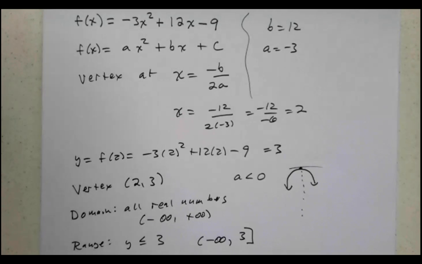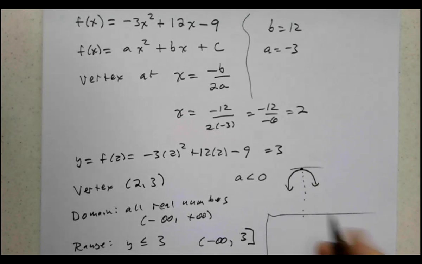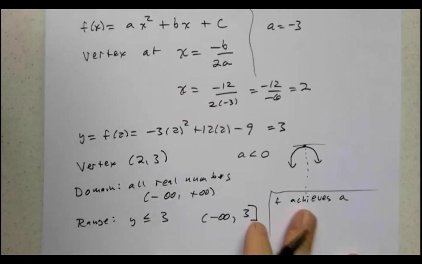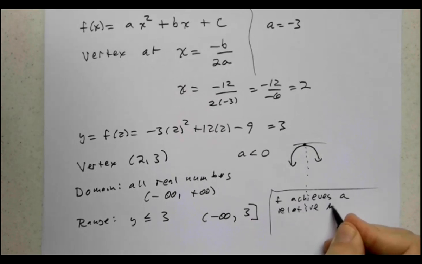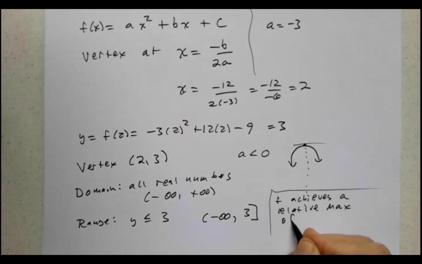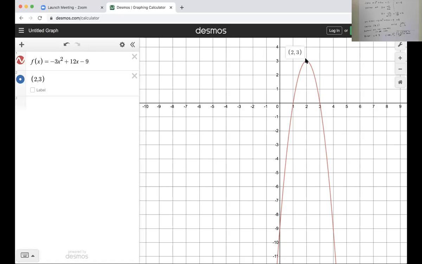So what about our min-max comment here? F achieves a relative maximum of what? F achieves a relative max of, and we can look at our graph. What was that relative max? It was here.